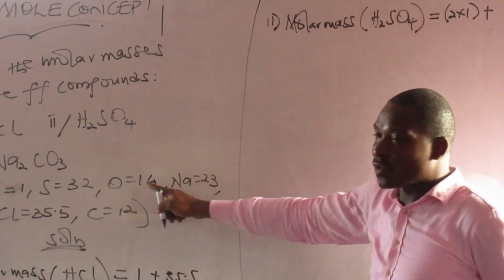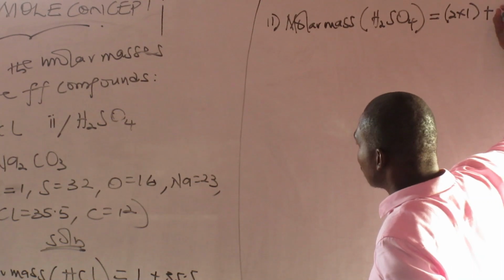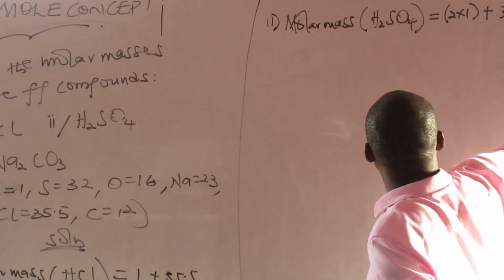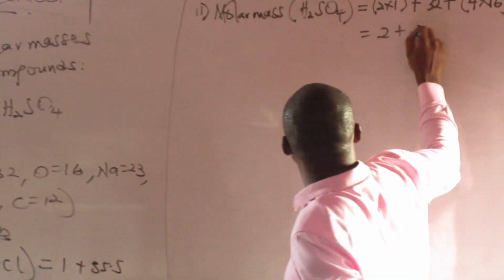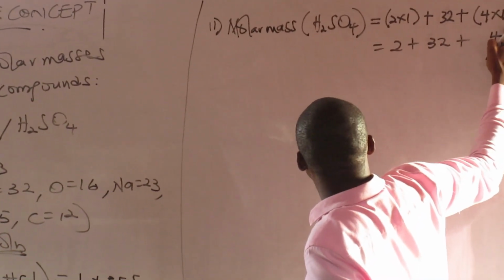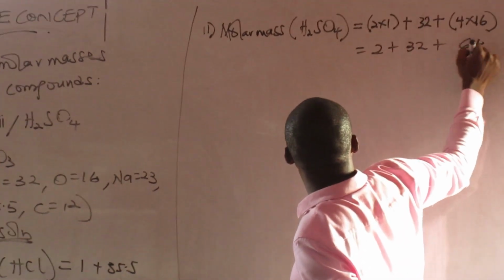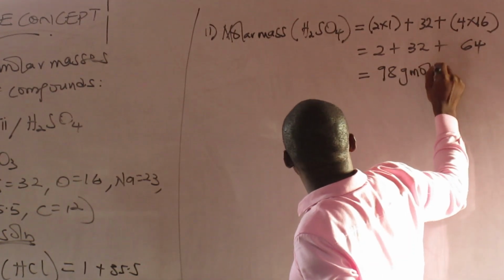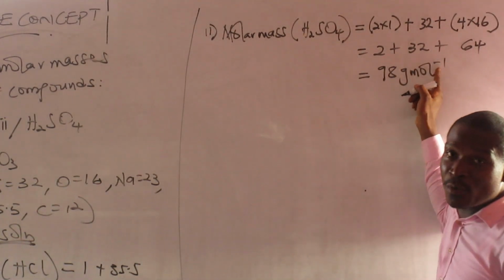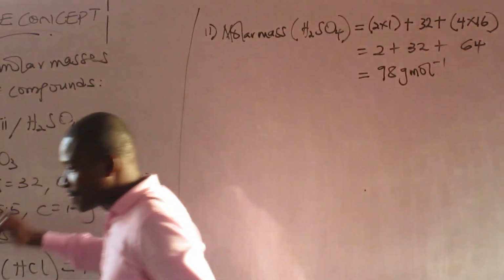Plus sulfur, that is 32, plus oxygen, it comes 4 times by 16, that is 64. Here is 2 plus 32 plus 64, which is 98 grams per mole. You see, when you bring this unit, then you don't bring your slash, right? So that is how we find molar masses.